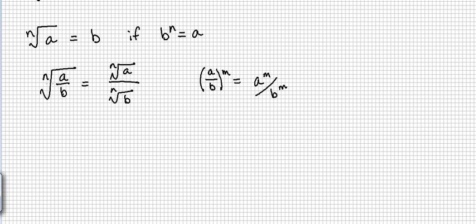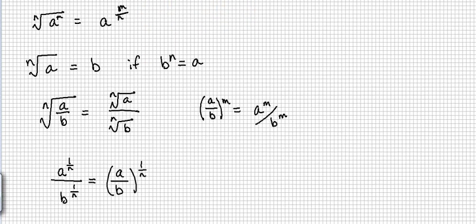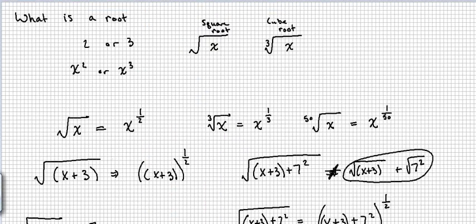This exponent is just a power, so this would be a to the 1 over n, b to the 1 over n, is equal to ab to the 1 over n. We just use these rules in conjunction with each other. And that's pretty much all on roots. I think I pretty much addressed everything here.